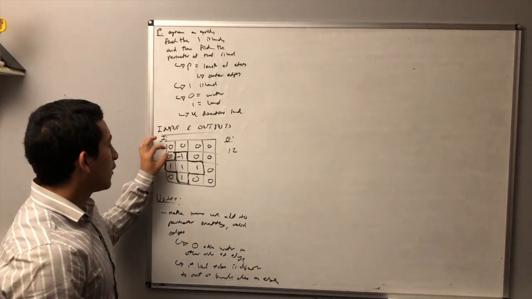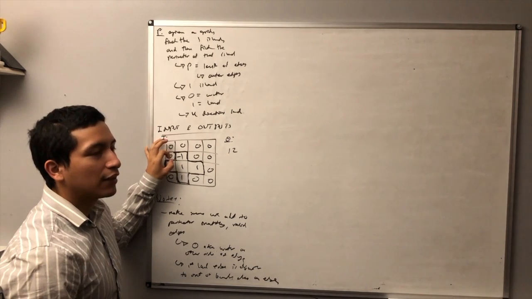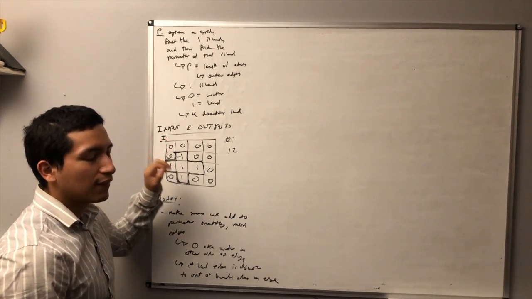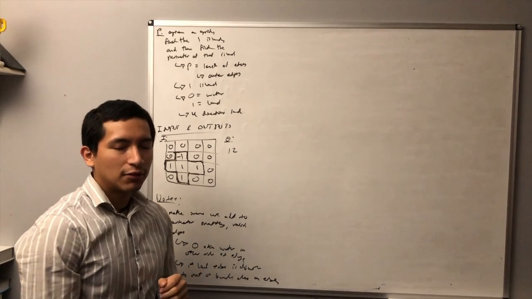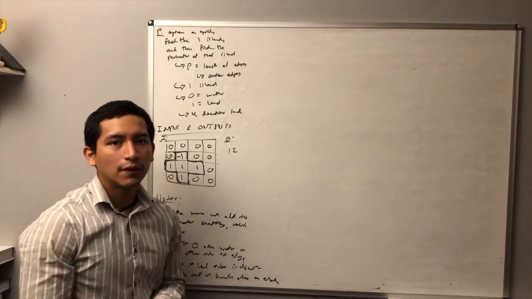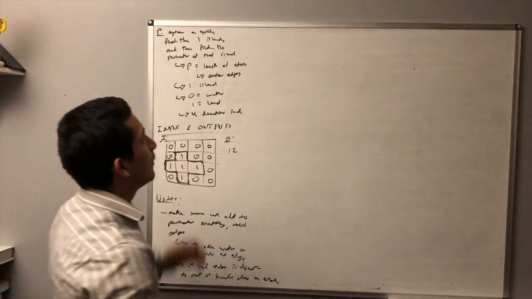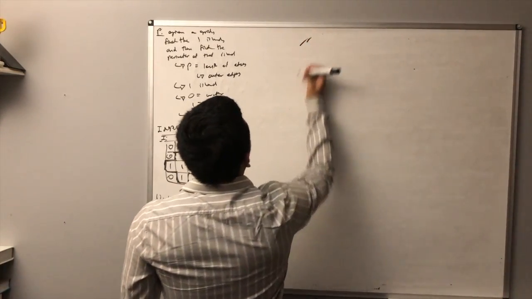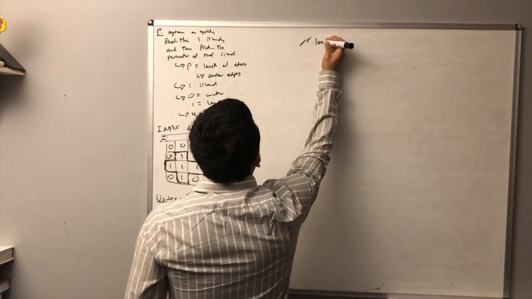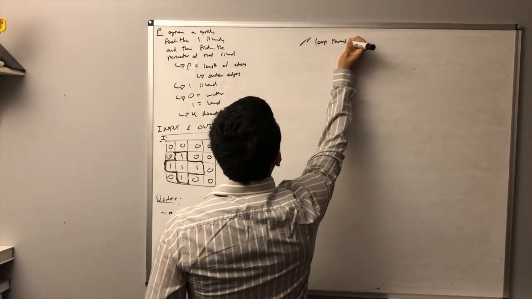But if we're trying to go through a -1, in that case, we just want to break from the function call itself without incrementing the perimeter. So yeah, let me just quickly write that out as an algorithm. Loop through the grid.